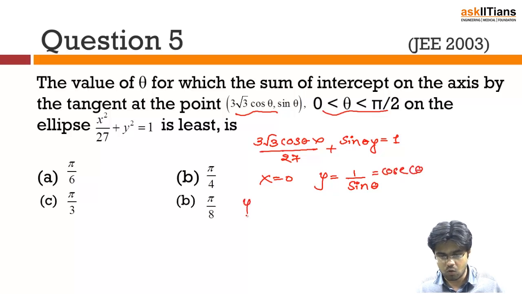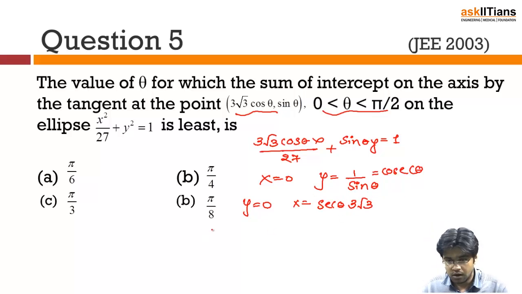If I put y equals 0, the value of x that I get is 3 root 3 sec theta, since 3 times 3 is 9, 9 times 3 is 27. So x is 3 root 3 sec theta and y is cosec theta, these are the intercepts.